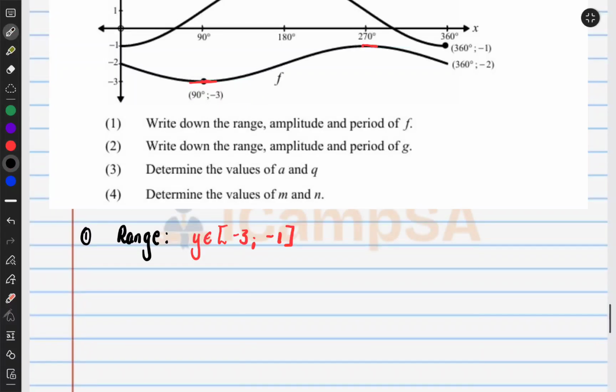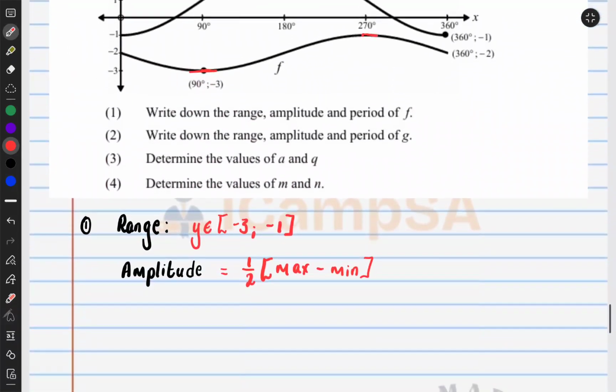And then next, the amplitude. For the amplitude, we're going to use the formula, which is 1/2 open bracket maximum value minus minimum value.